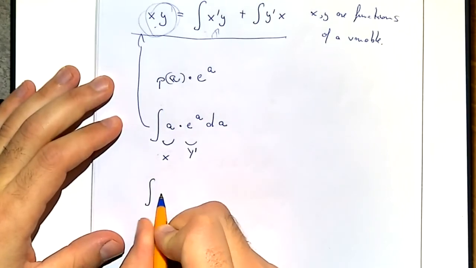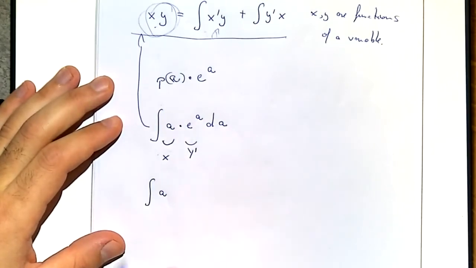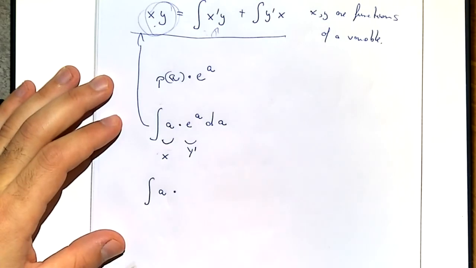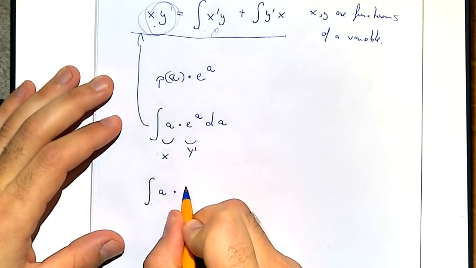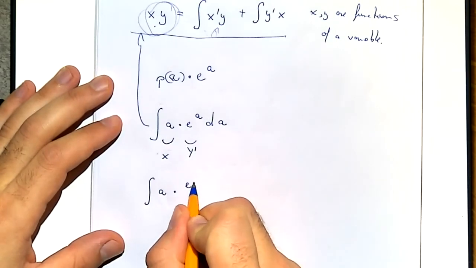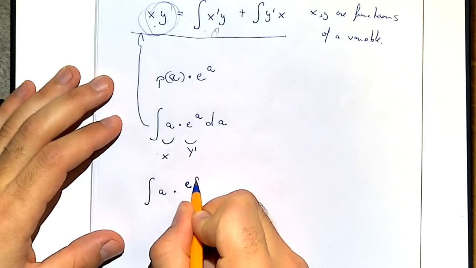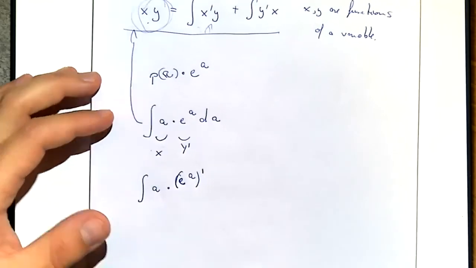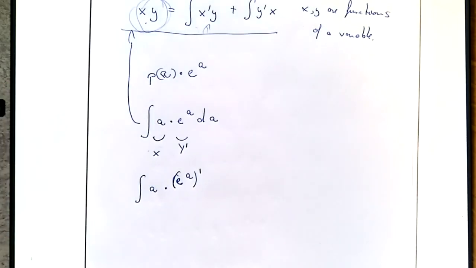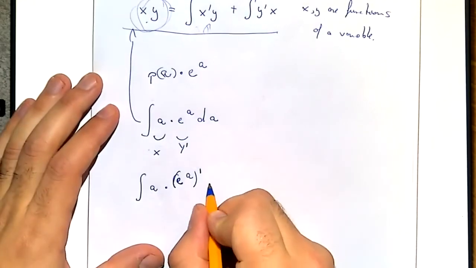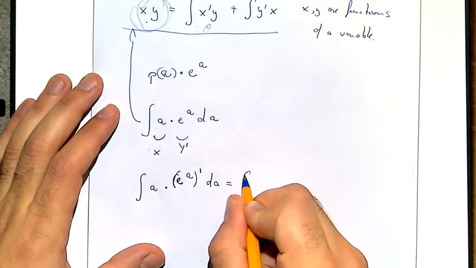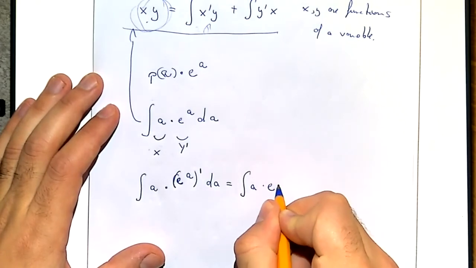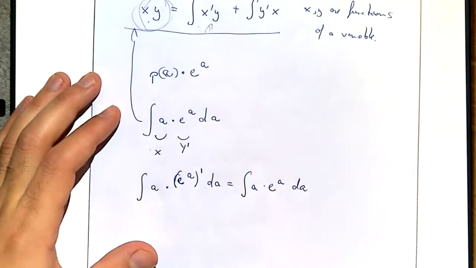Integral of a multiplied by e to the a. What is the derivative of e to the power a? It's the same thing. So d of e^a is equal to e^a, the derivative doesn't change there.